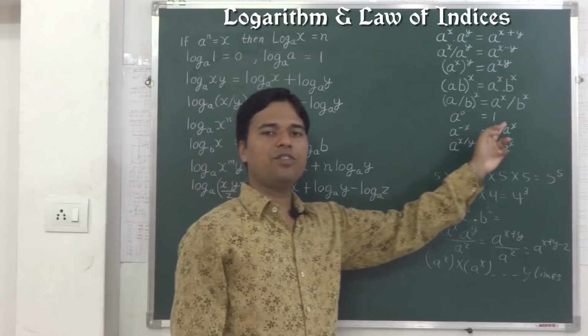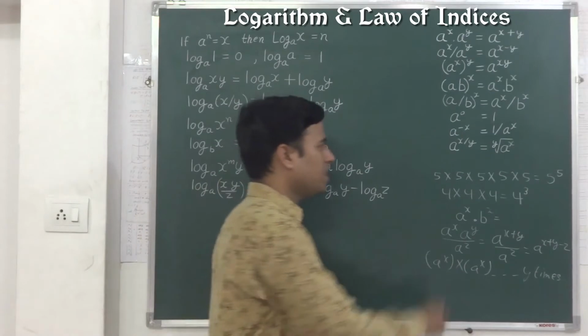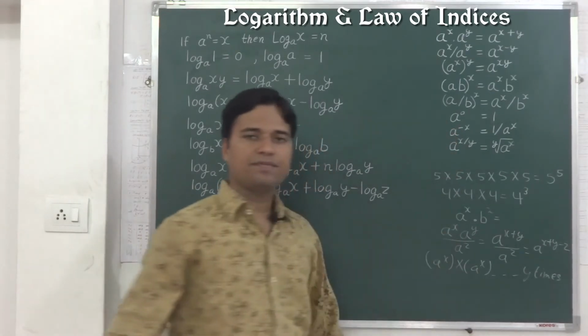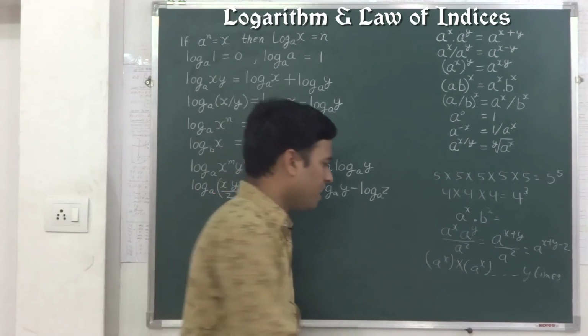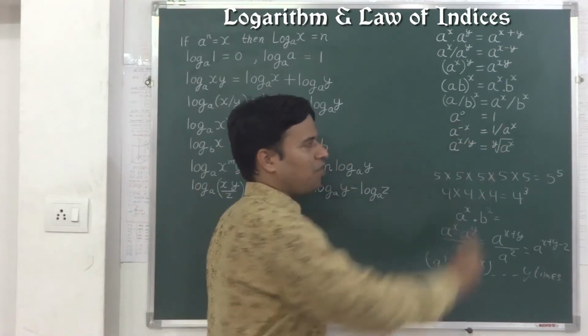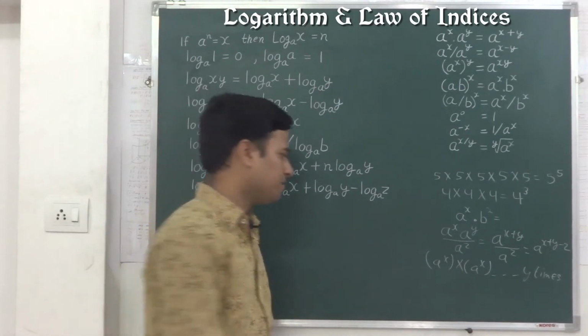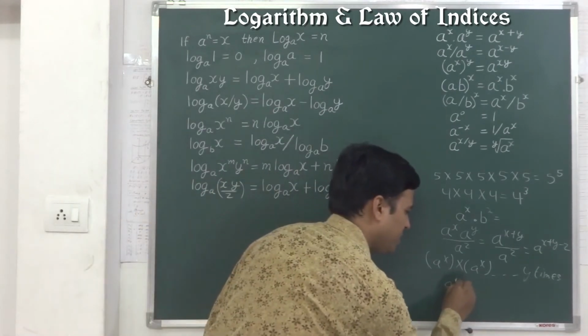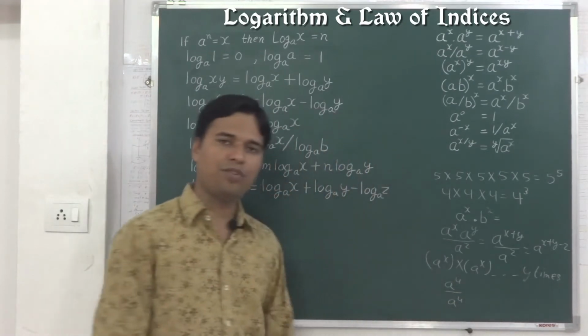A power 0 is equal to 1. It can be proved here. If any number a which is a non-zero number has a power 0, it would be equal to 1. How is it possible? If a is having power 4, it is divided by a having power 4.